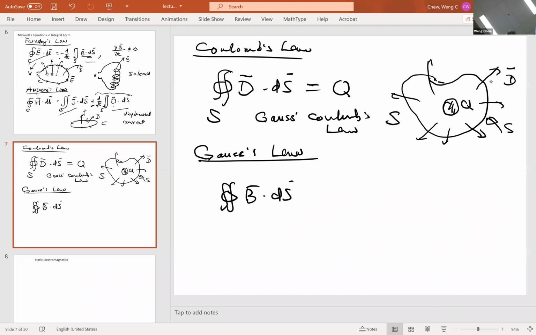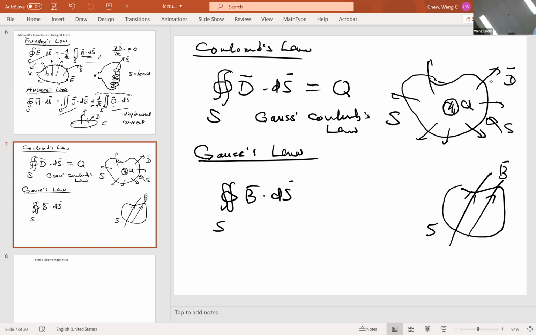Take any surface S and look at the B field that goes through that surface. If you perform this integral, it always goes to zero. It always goes to zero because there are no magnetic charges in this world. That's Gauss's law.